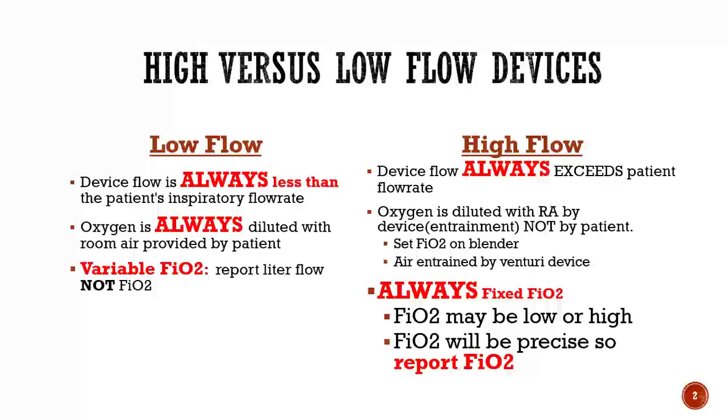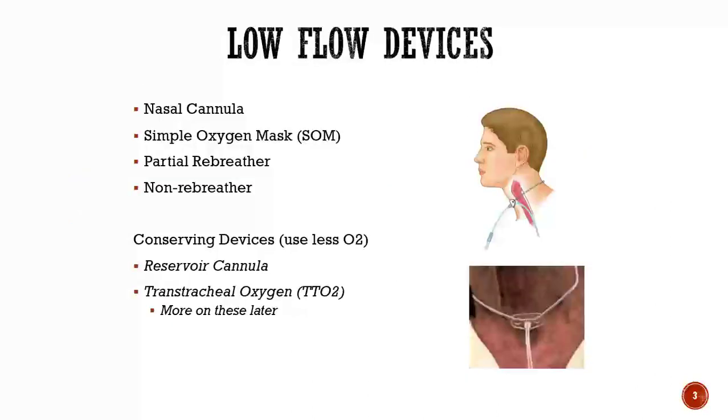It just relates to the patient's inspiratory flow needs. So high flow always exceeds the patient's inspiratory flow rate, and a low flow will never, ever meet the patient's inspiratory flow rate. That's one of those things where it takes a little bit. We'll practice it a lot, but that's the basic definition there.